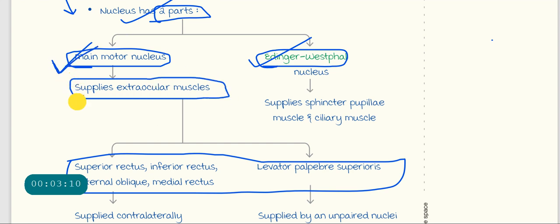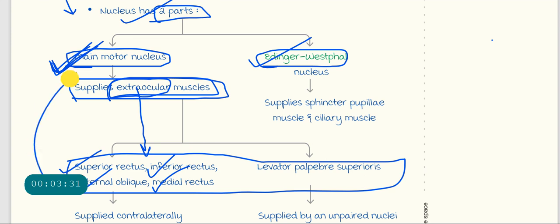Okay, so these are the main motor nucleus which are supplying some extraocular muscles. Extraocular, remember, so some extraocular muscles, these are superior rectus, inferior oblique, and medial rectus. These are the muscles which are supplied by the main motor nucleus. Simple. And these are further supplied contralaterally.